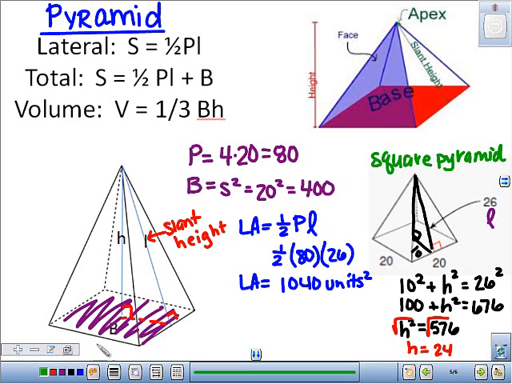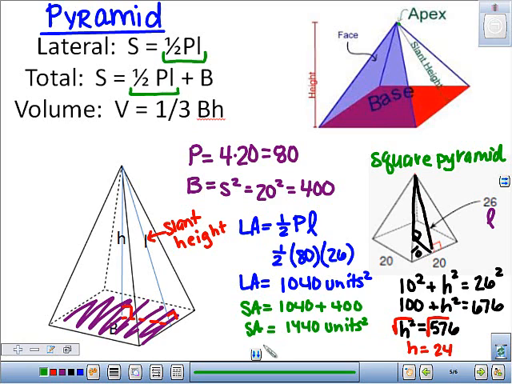Then for total surface area, we take the lateral, remember we already found that, it's lateral plus the base, because total surface area is all the faces plus the base. So I've already got my 1040, and I need to add B, which is area of my base that I found to be 400. So 1040 plus 400 is 1440. And our units are still squared because we're still referring to surface area.